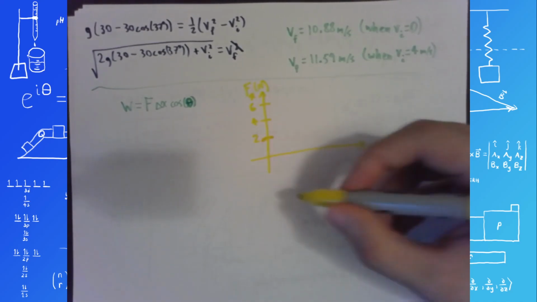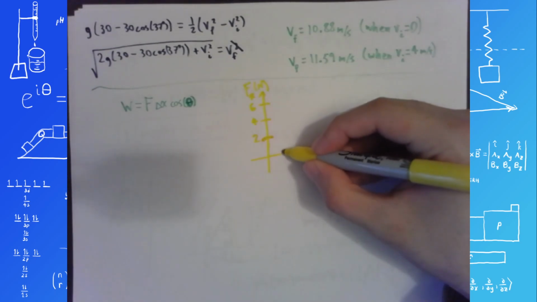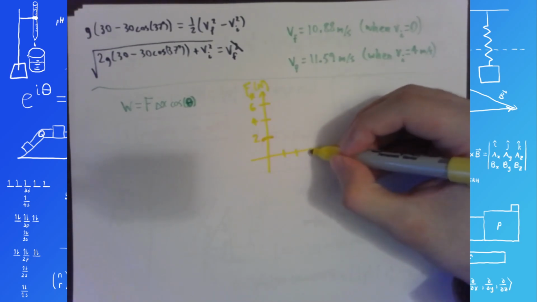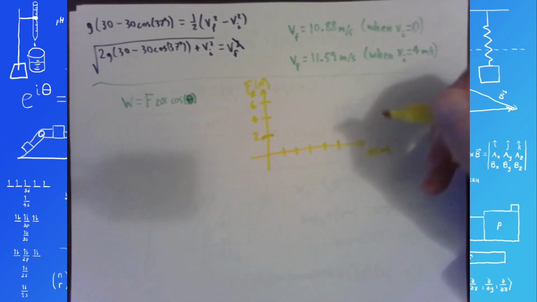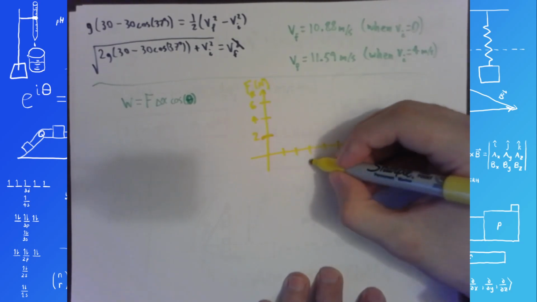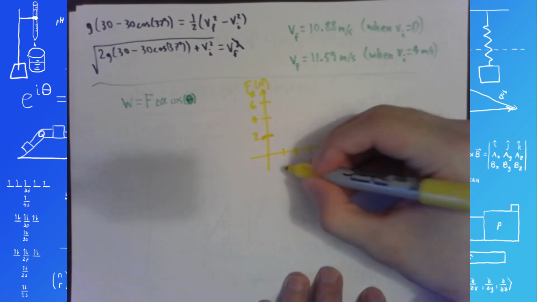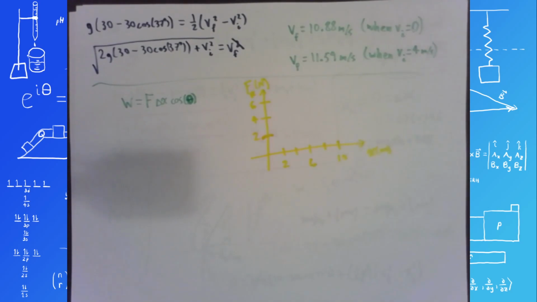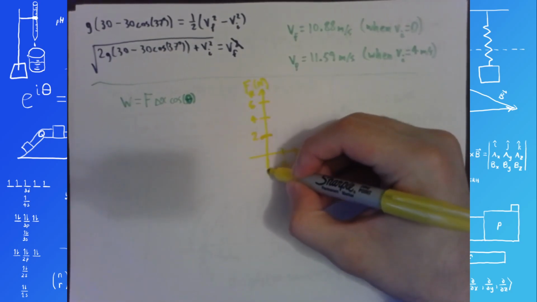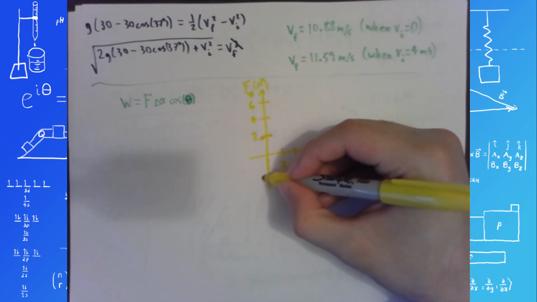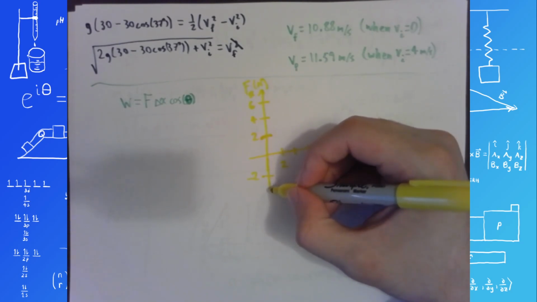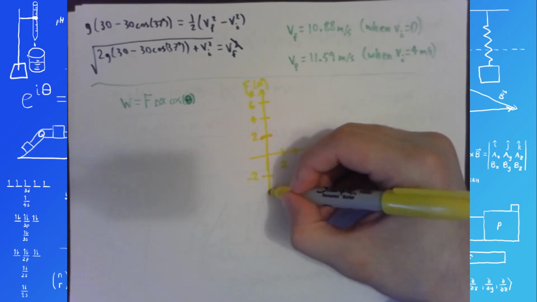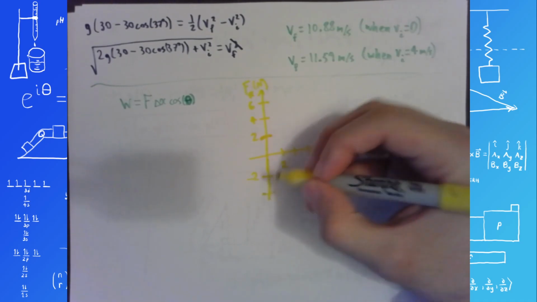And for position, they've got 2, 4, 6, 8, 10. Oh, and I'm going to want to mark -2 on here. And it looks like we don't really need it, but they've also marked -4 on the graph.